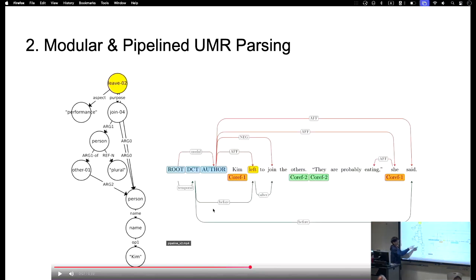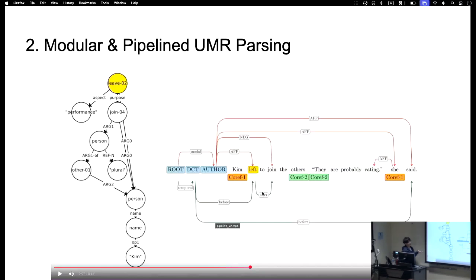Let's talk about this example: the "left" to "join". Textually, we know there's a temporal edge from left to join.